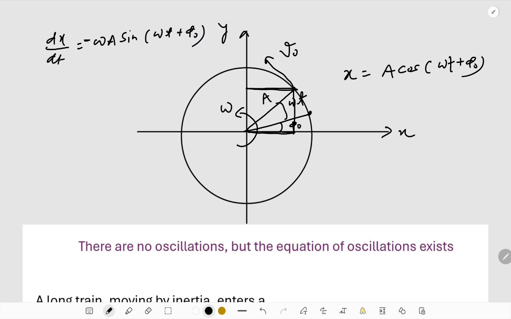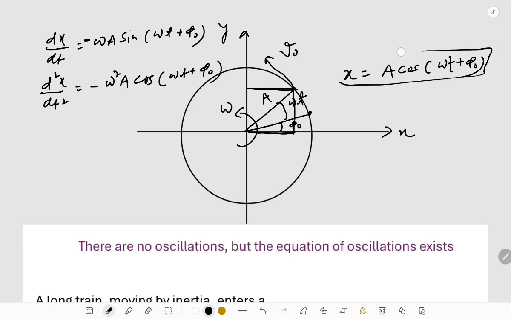If you differentiate it again with respect to time, you will get minus omega square a cos(omega t plus phi naught). And x is of course a cos(omega t plus phi naught).